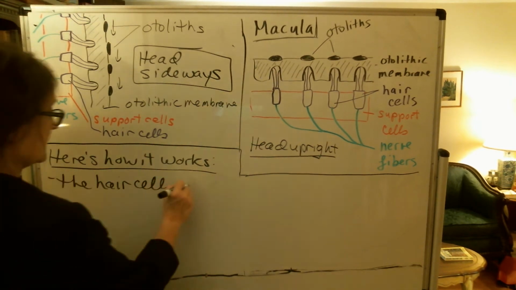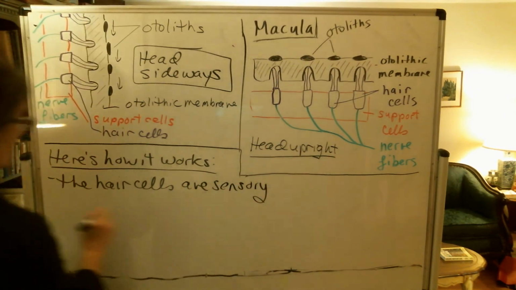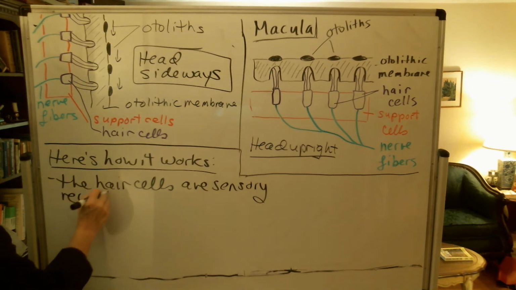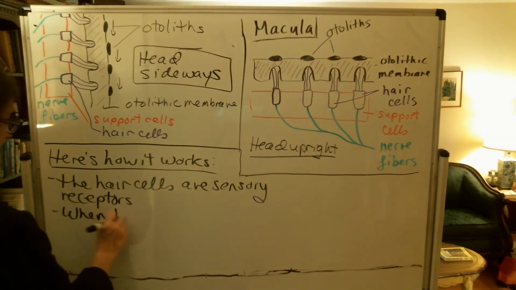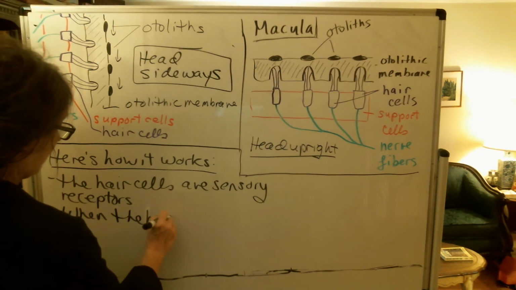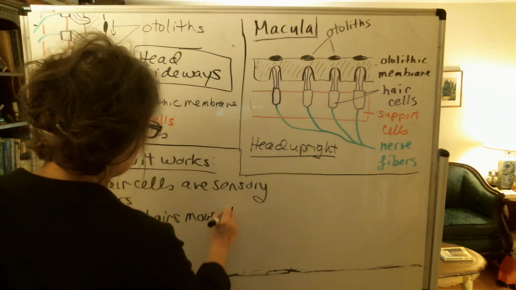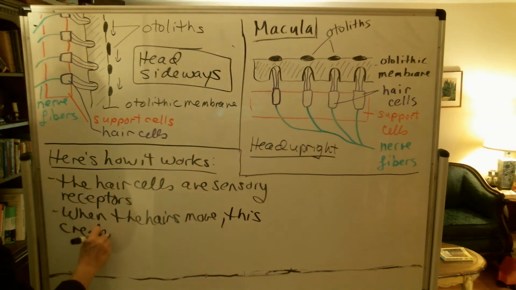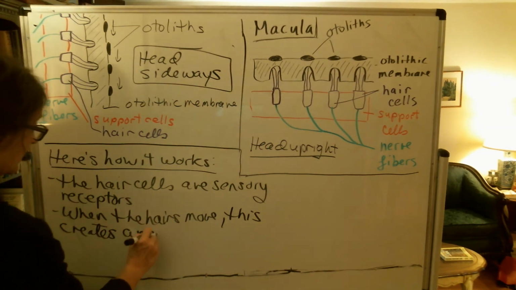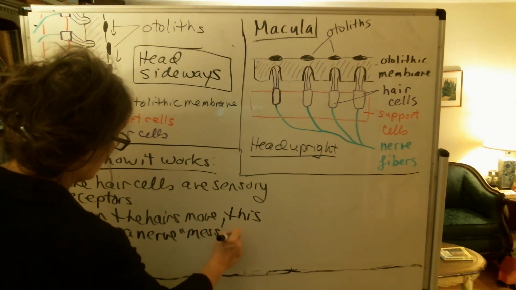The hair cells are sensory receptors. And when the hairs move, this creates a nerve message.